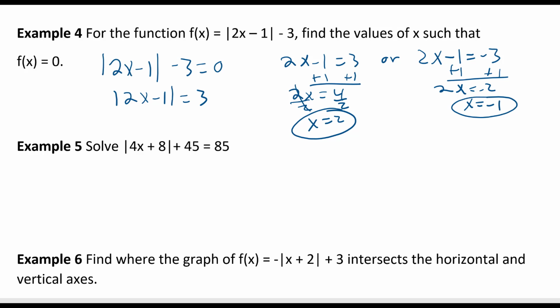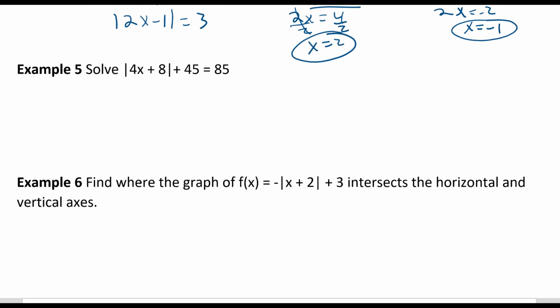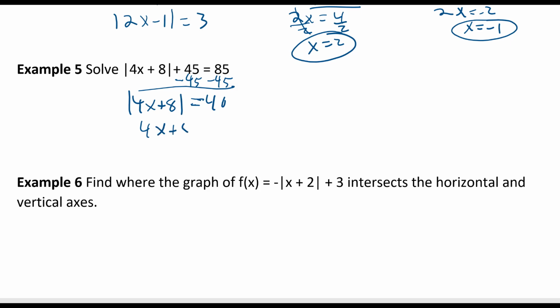Now for example 5, we are going to solve this. So we want to get the absolute value by itself by subtracting 45. So absolute value of 4x plus 8 equals 40. So 4x plus 8 equals 40, or 4x plus 8 equals the opposite of 40, negative 40.